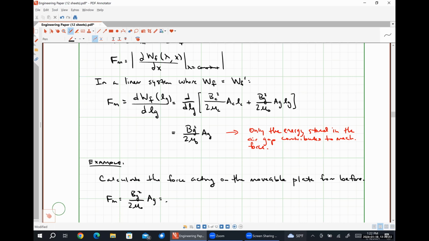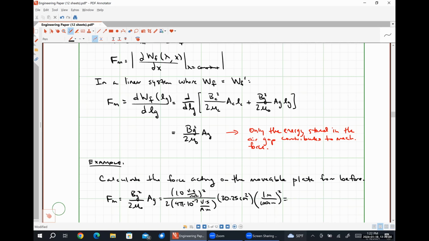So that's going to be 2 times 4 pi times 10 to the negative 7 volt seconds per amp meter in my denominator. And then I'm going to have 1 volt second per meter squared, quantity squared, times 30.25 centimeters, times 1 meter per 100 centimeters squared. Sorry, this should be 30.25 centimeters squared because I'm using the area.